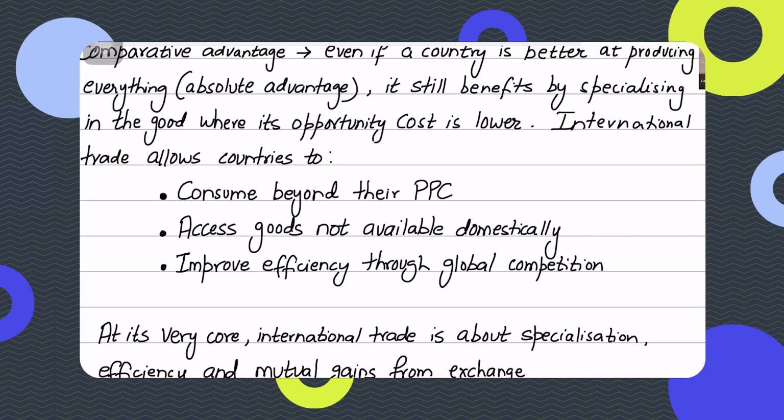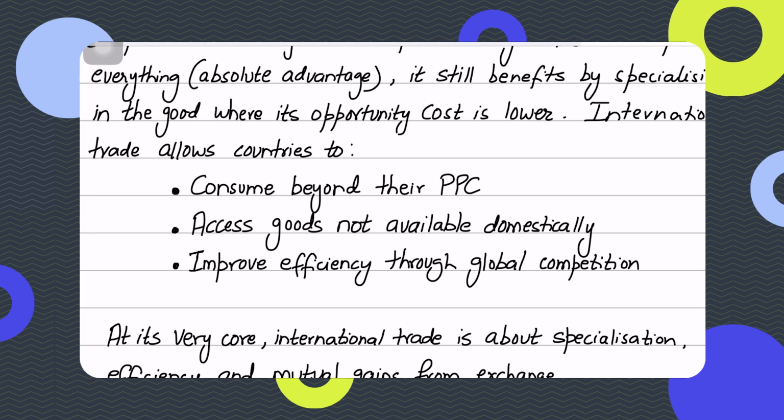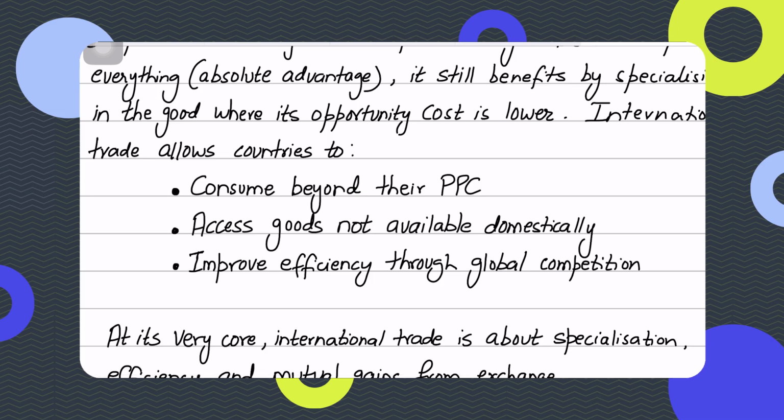And what's working for you, the same concept is working for them as well. So both are gaining. And you're able to access goods, and even a lot of goods you can't make yourself, you're not good at making yourself. So you'll be able to access goods not available domestically. And this will also improve efficiency through global competition. This is again a very big basis.